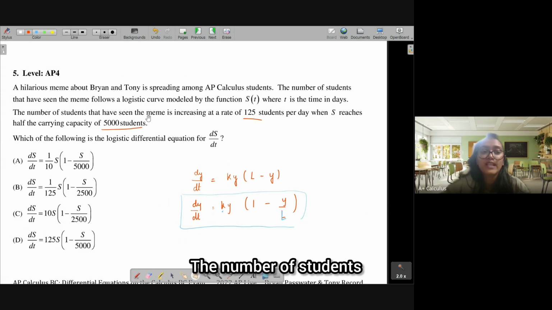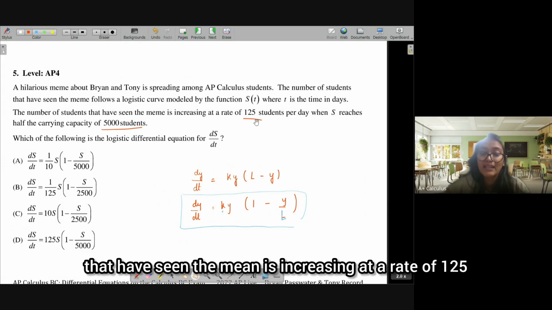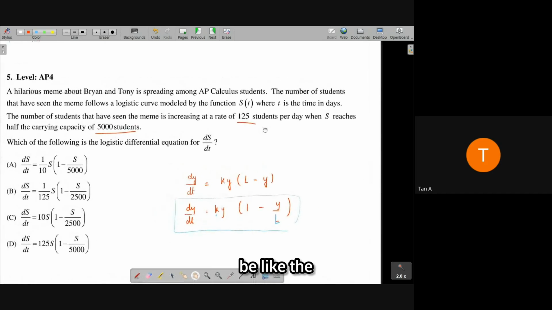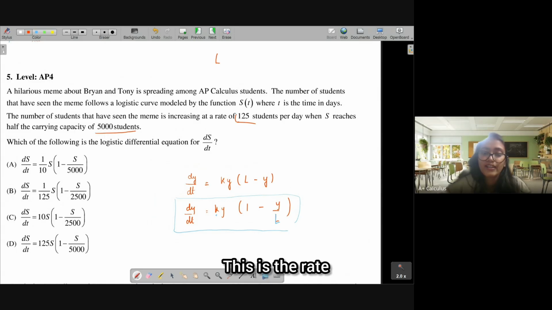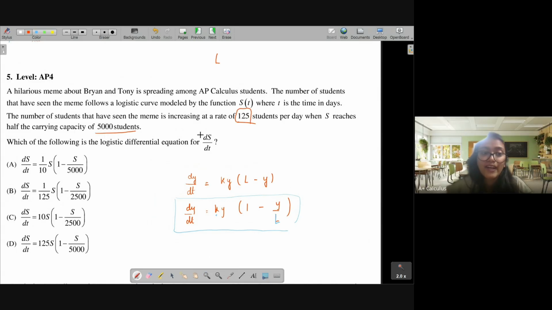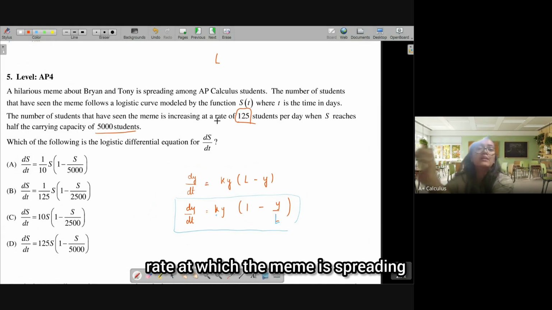The number of students that have seen the meme is increasing at a rate of 125 students. 125 will be the L, right? No, that's a rate. This is the rate at which the meme is spreading.